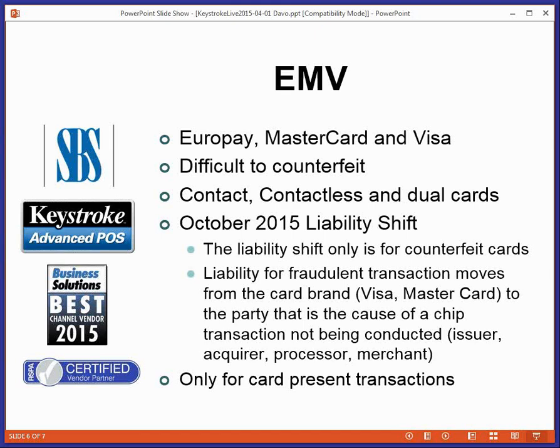So you see the deadline, you see the liability shift. It is going to take time. Another big factor is a credit card that you receive right now costs about $0.25 to create. They say an EMV contact card will be $1 to $2. An EMV contactless card maybe twice that.